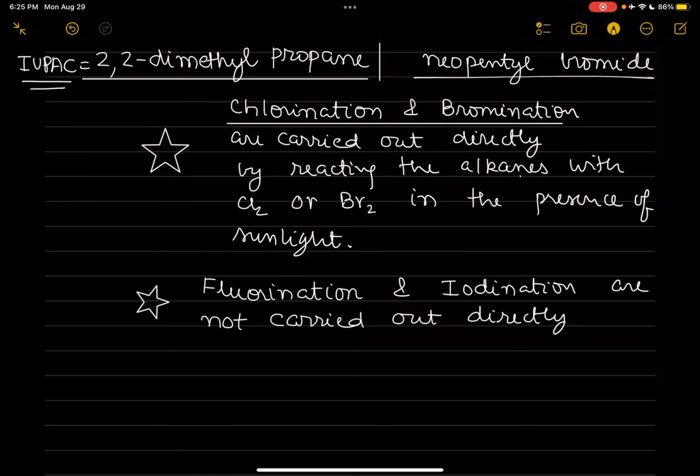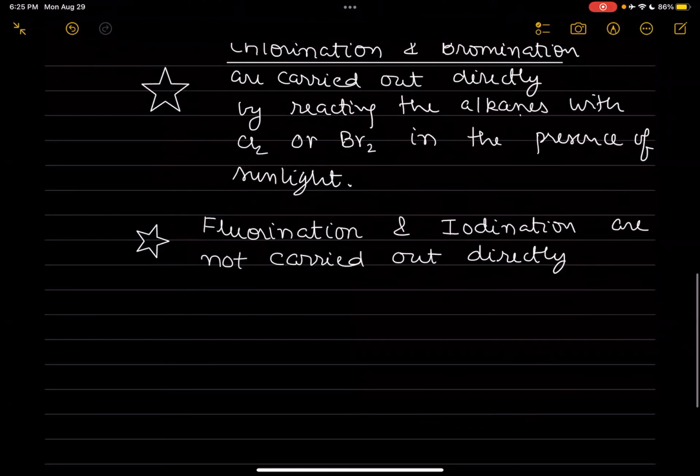So they are not carried out directly by putting F2 and I2 in sunlight along with alkanes.